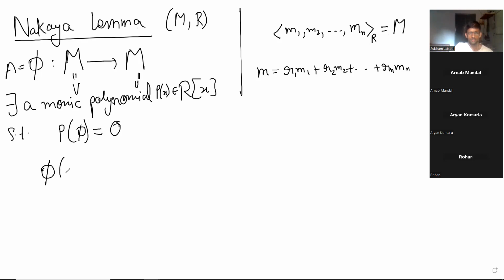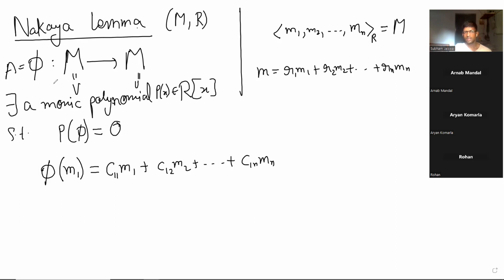So you see phi of M1, I will write. This will also give a proof of Cayley-Hamilton. So it's important. So this will be p11 M1. I was writing very simple facts. Phi of M1 is in M, right?